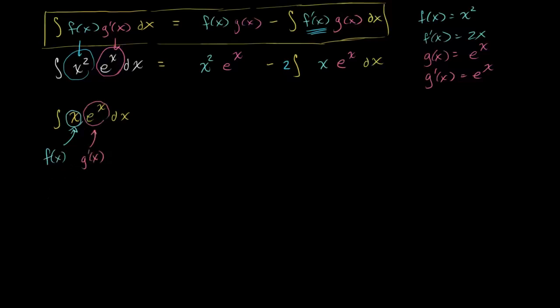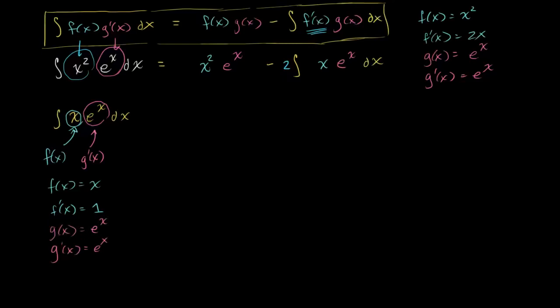So f of x is equal to x, f prime of x is equal to 1, g prime of x is equal to e to the x, and g of x, just the antiderivative of this, is equal to e to the x.